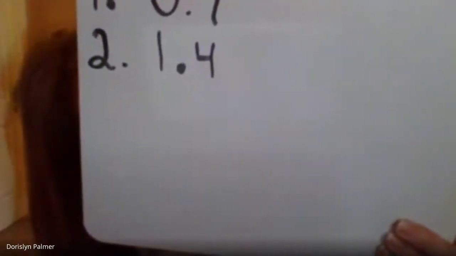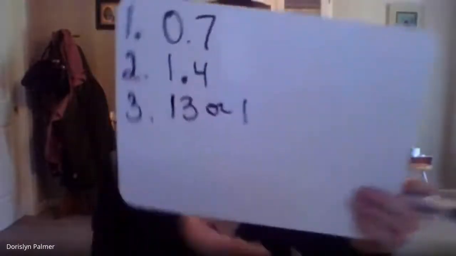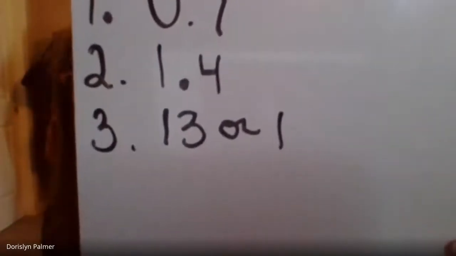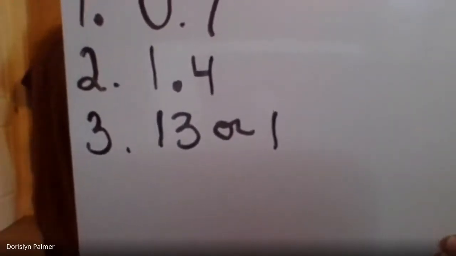So this is things we've covered before, and they're asking, write one number that's a factor of 13. Saad, what did you put for number 3? I put 13. Good. 13 works. You might have put 1. Either one of those works. Those are the only factors of 13. So one or the other.